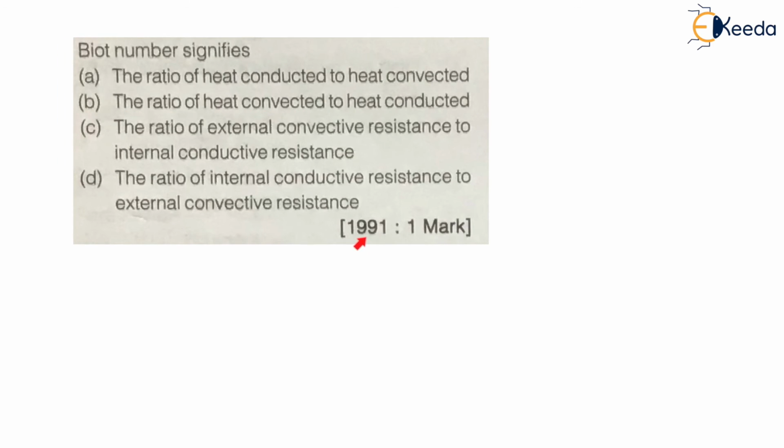Again, very simple, from GATE 1991 for 1 mark: Biot number signifies. Biot number is nothing but internal conduction resistance of solid divided by external convection resistance of fluid. So, the ratio of internal conduction resistance to the external convection resistance. Therefore option D will be the correct choice.